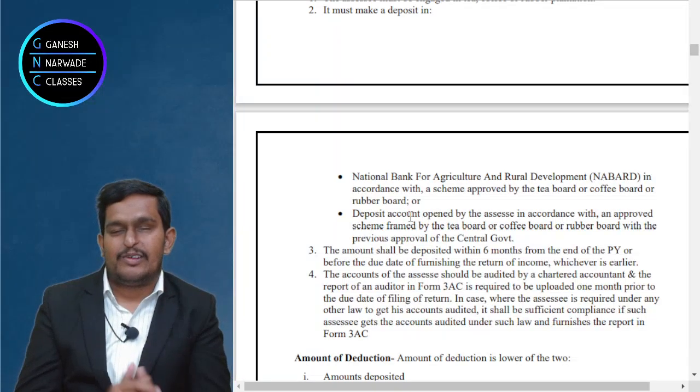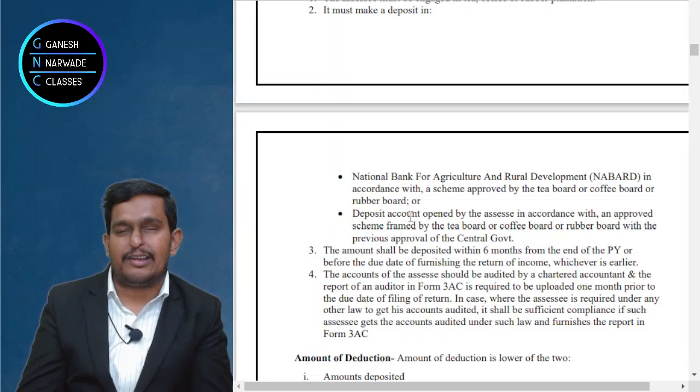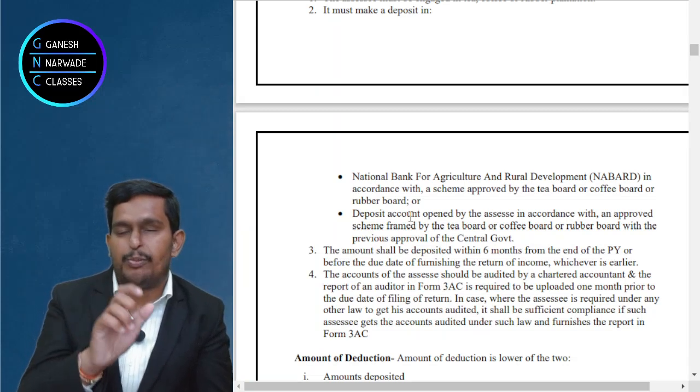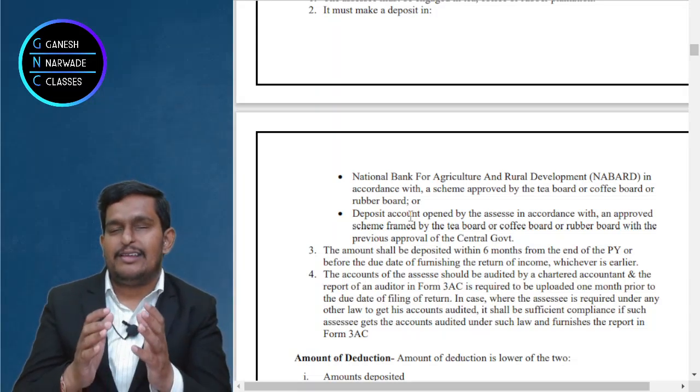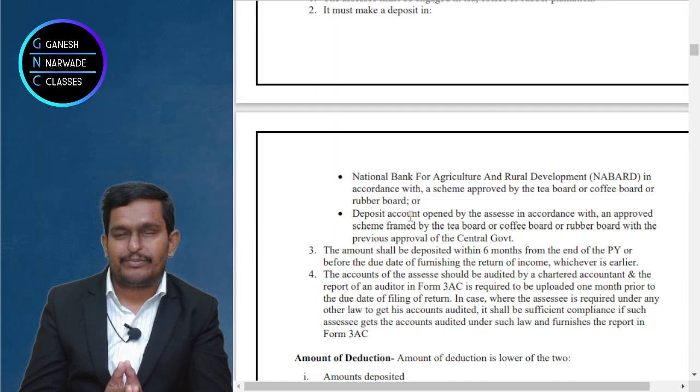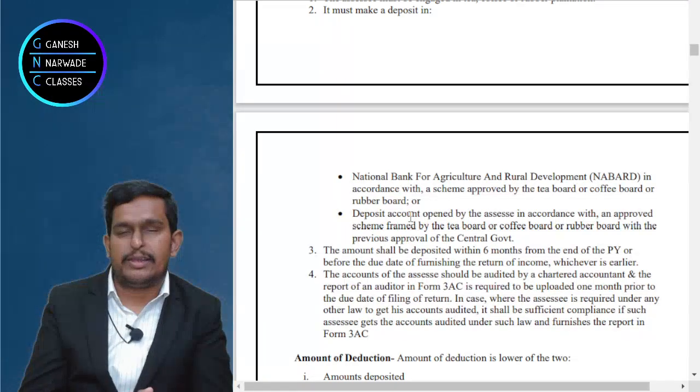Now, you as a tea company owner may ask, sir, if we open an account there and deposit money as per the scheme, what will we actually get? And if we have to deposit money, when should we deposit it?